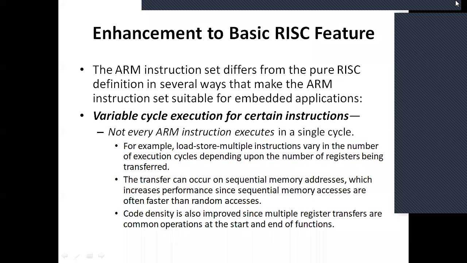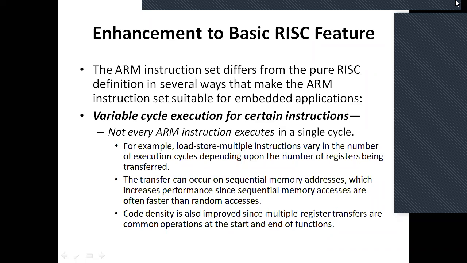For example, load store multiple instructions vary in the number of execution cycles depending upon the number of registers being transferred. As I told, this ARM processor is a load store type of architecture which uses separate load and store instructions. When you use these load and store instructions, you can load multiple registers and store multiple register contents in a single operation. In that case, for storing more than one register content to memory, it requires more cycles.